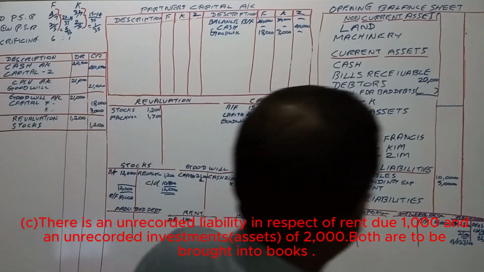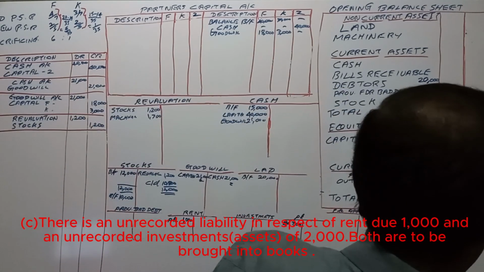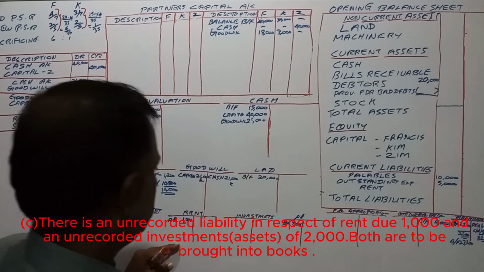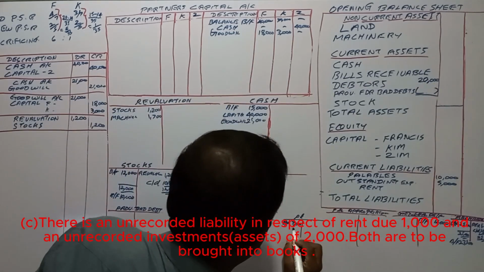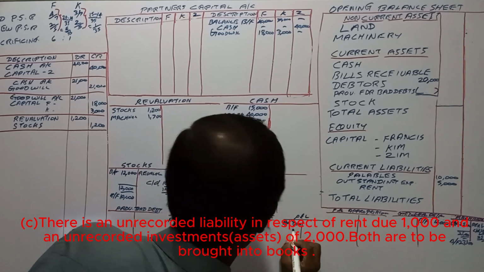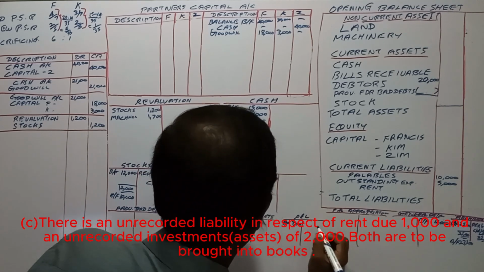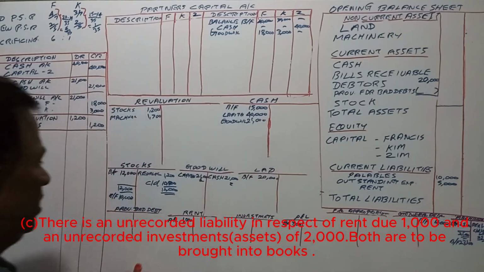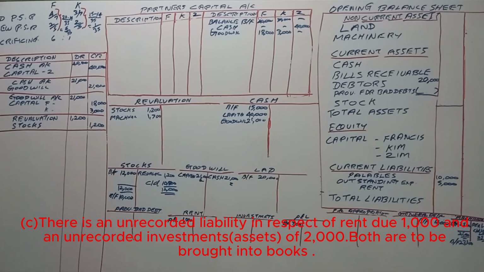Profit and loss, where is the profit and loss? Profit and loss account 1000 debit, PNL debit 1000, credit 1000, sorry, rent account debit. Rent payable is credit, right?